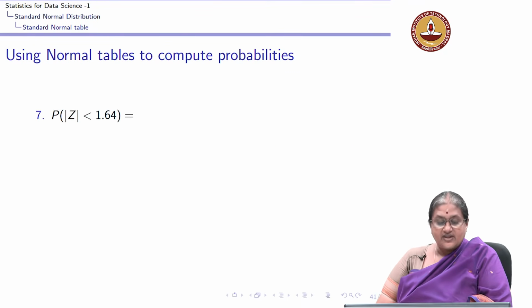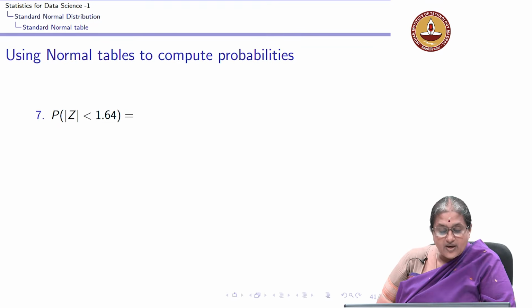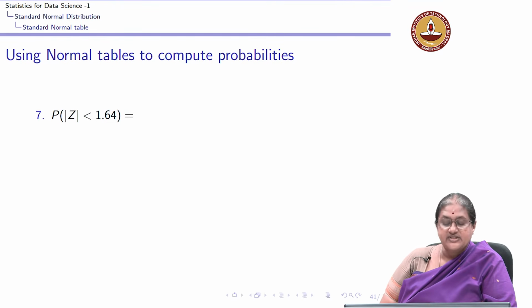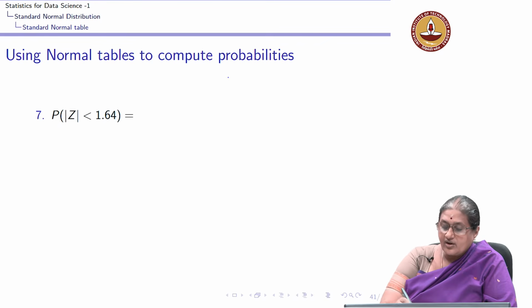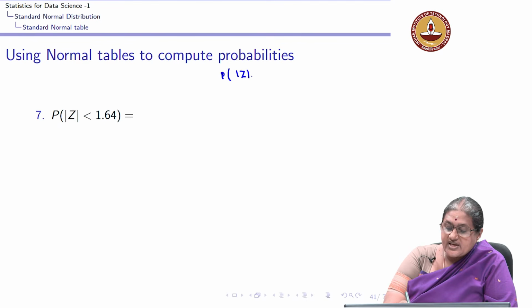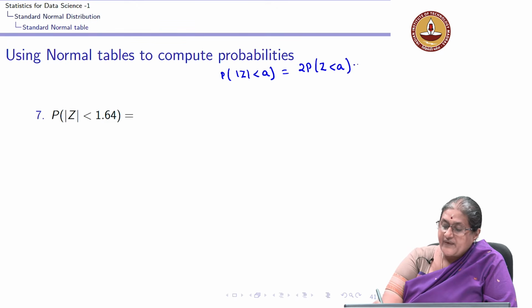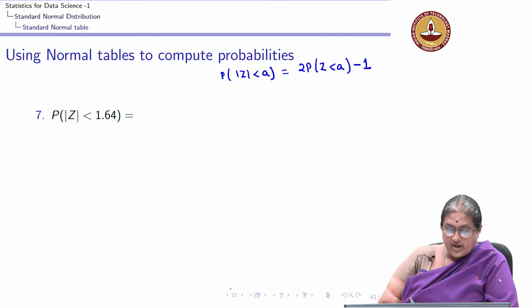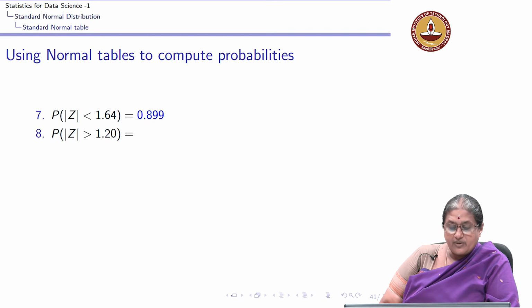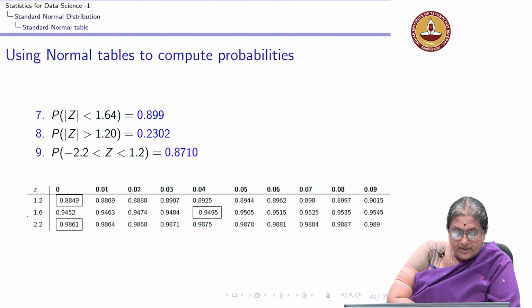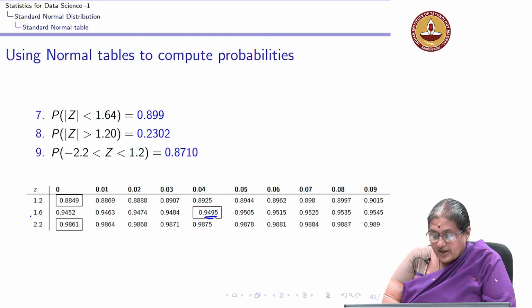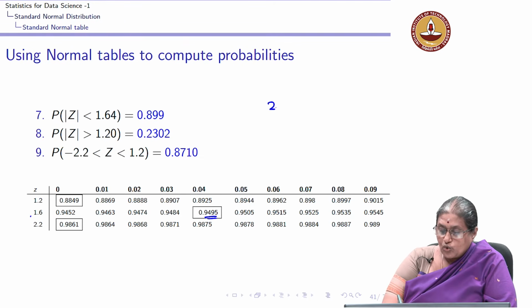Again, let us look at the normal probabilities of mod z is less than 1.64. Recall, we have just computed that probability mod z is less than a is 2 times probability z is less than a minus 1. So, to compute this probability for 1.64, I go back to my normal tables. 1.64 is 0.9495.